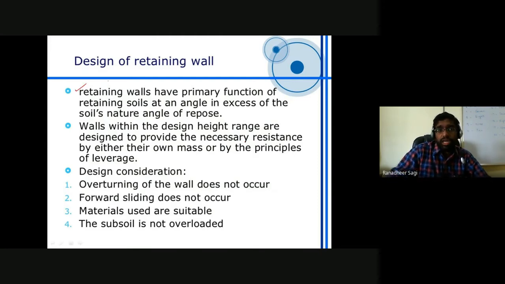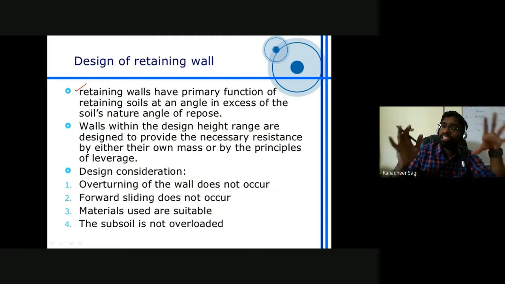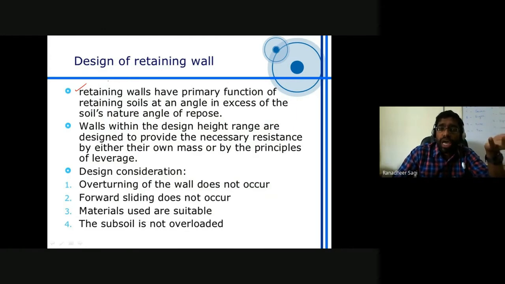So a retaining wall has a basic primary function, that is to retain the soil at an angle which is more than that of the soil's natural angle of repose. Soil by its own natural condition, depending on the c-phi parameters of the soil, can have some slope at which it is going to be stable. But if you want to have your soil kept stable and safe with a higher slope, in such cases we go on to use what is called a retaining structure.